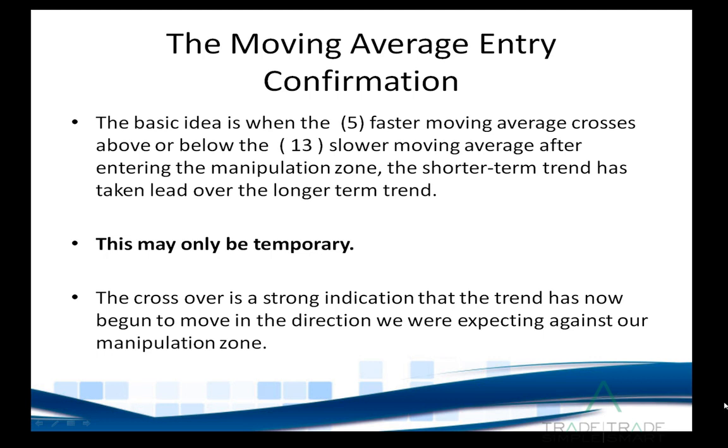The crossover of the moving average is simply a strong indication that the trend has now begun to move in the direction that we're expecting against our manipulation zone. Okay, so we're simply using it as an indication that the short-term momentum of the market has turned and that the trend is now beginning to move in our expected direction.